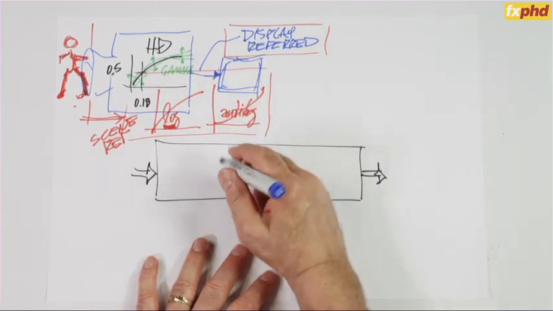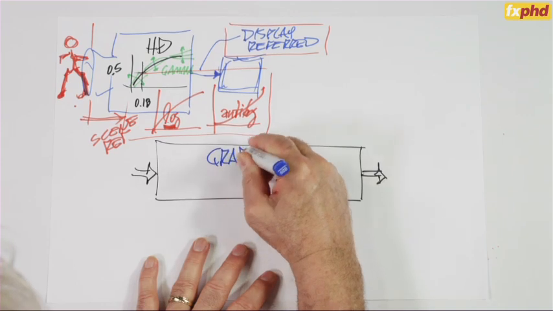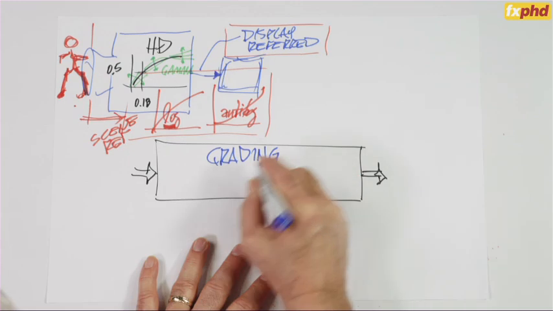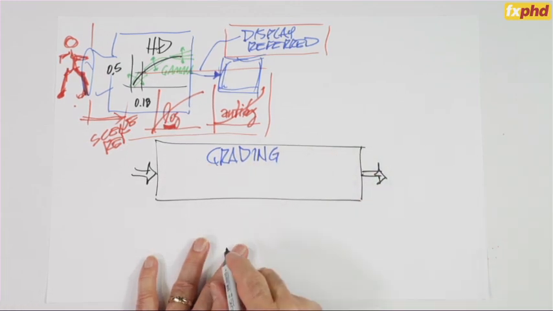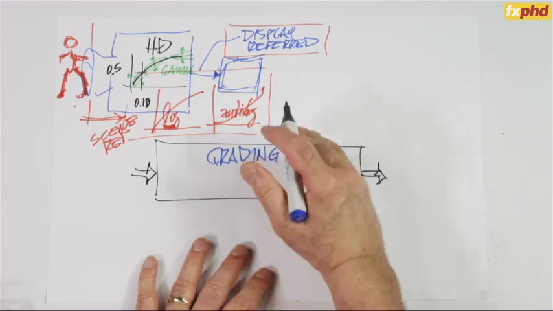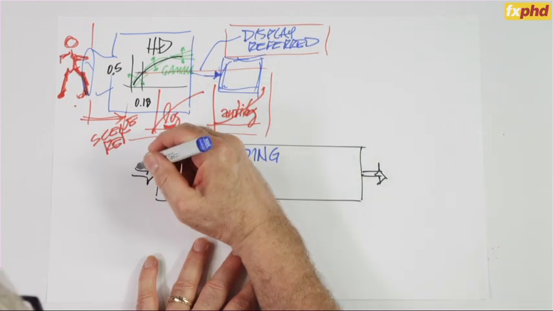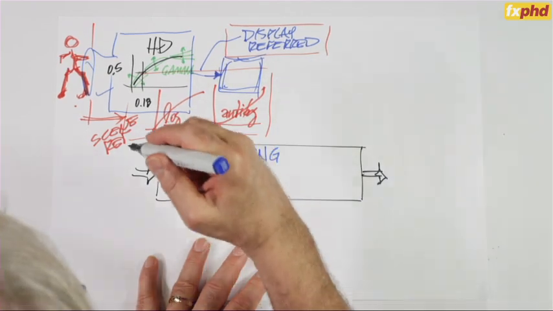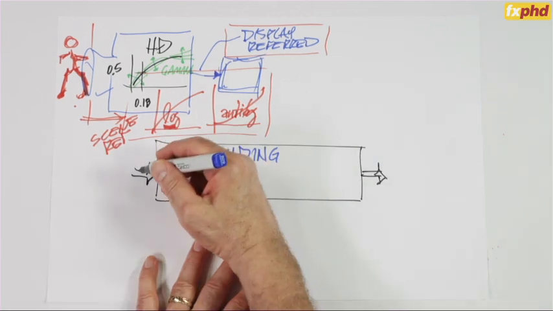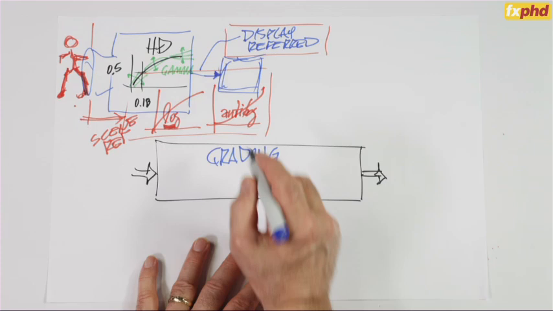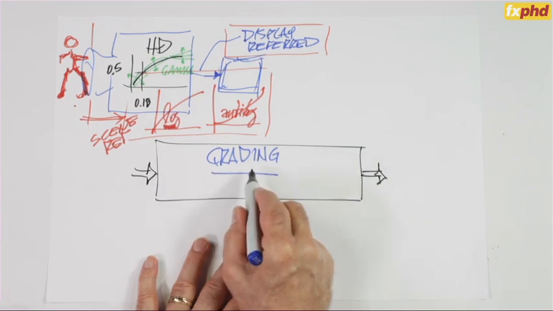So in grading, and I'm about to launch into the big discussion of what goes on in grading, there's two big concepts that you have to keep in mind. If you're ingesting display referred data from an HD capture, then grading doesn't really need to do very much.